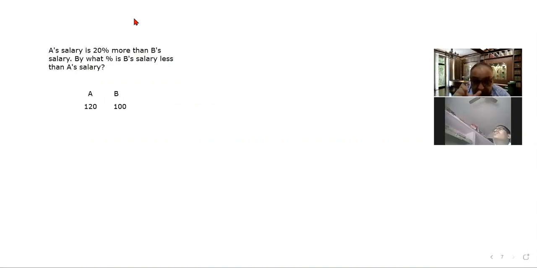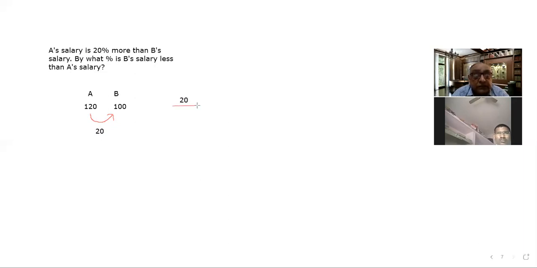By what amount B's salary is less than A's salary, and that constitutes what percent of A's salary. So one thing is that B's salary is rupees 20 less than A's salary, right? And the question is by what percent B's salary is less than that of A's salary, right? So we will do it.